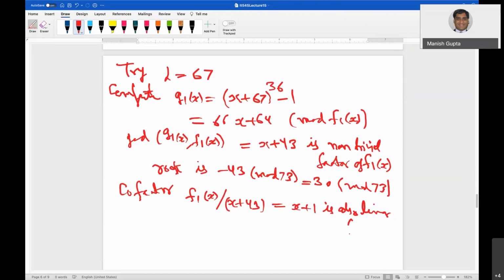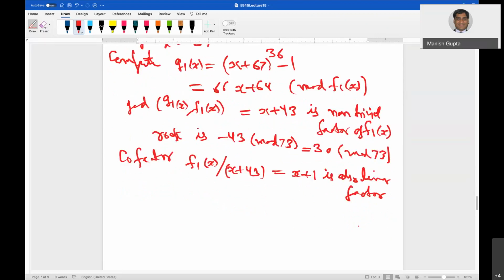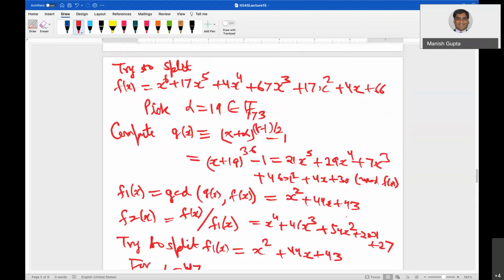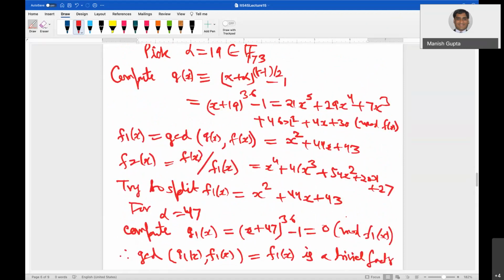We have found another factor. So for our degree 2 polynomial we have found two factors, one x plus 43, the other x plus 1. So this will yield the root minus 1, congruent to 72 mod 73. So that means here we had extracted two polynomials, this f1 of x was one, and its two factors we have found. Now we are left with the other polynomial of degree 4.